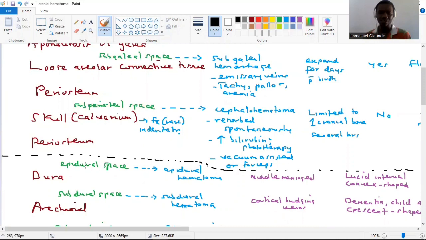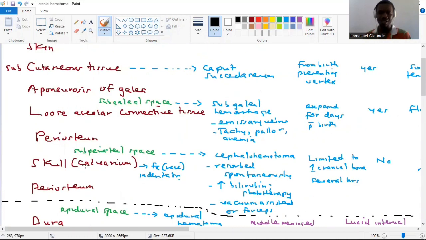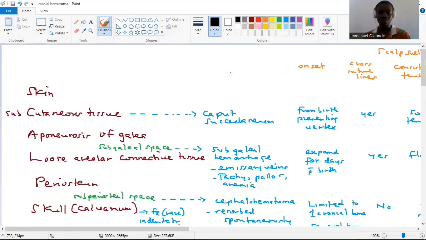Some of the spaces between these layers are potential spaces that blood can accumulate in, and lead to certain types of hematomas. So the most superficial, first of all, is caput succedaneum.